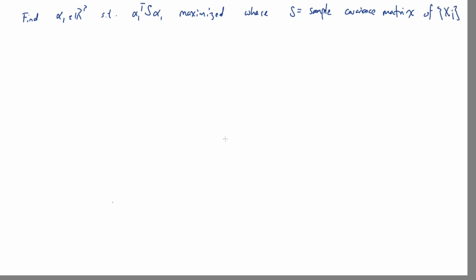Okay, so some of you will look at this problem and say, well, it's really easy because we can always take alpha 1 to be infinite, right? Because to maximize this quantity, if you take alpha 1 bigger and bigger, you'll keep getting a bigger and bigger value for this thing. So we actually need a constraint.